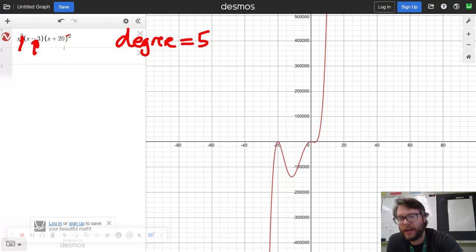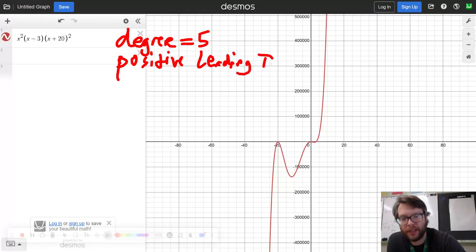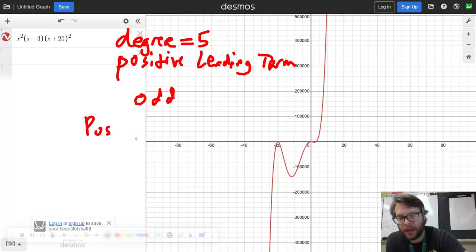This one also has a positive leading term. All the x's are positive. There's no negative in front of the x's. So it's a positive leading term. Some people will say leading coefficient. If I have an odd degree and a positive leading term, I'm going to see something that goes from low to high.